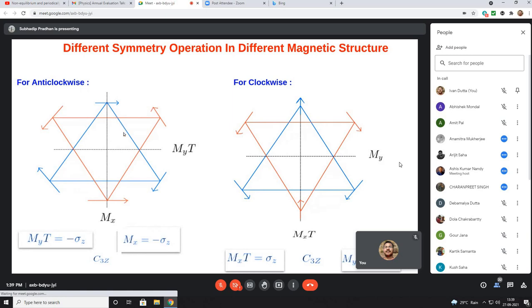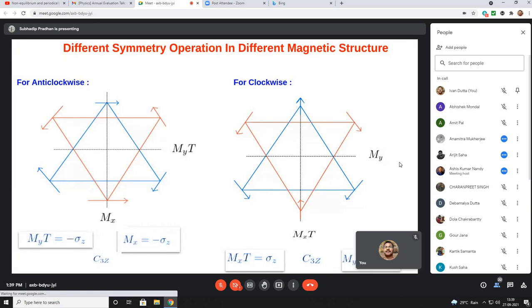Subhadip answered this. When you rotate the whole thing, the moment's position will be changed. It will not be replaced by another one, but it will be rotated.